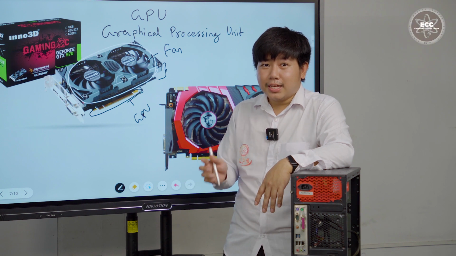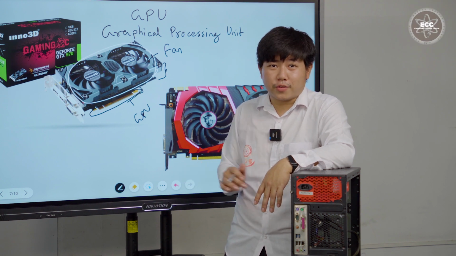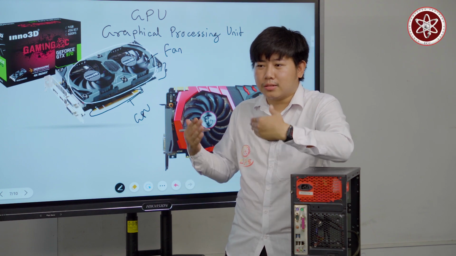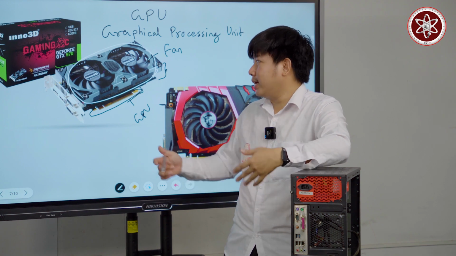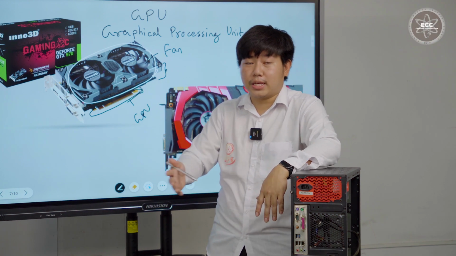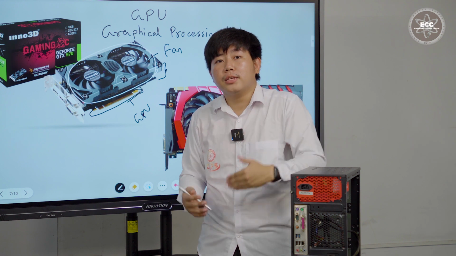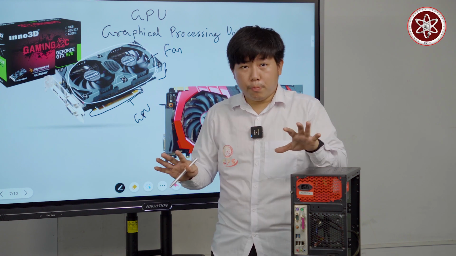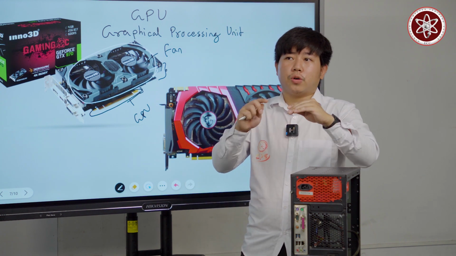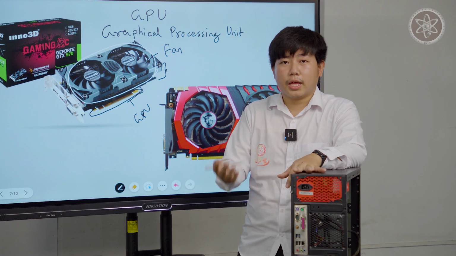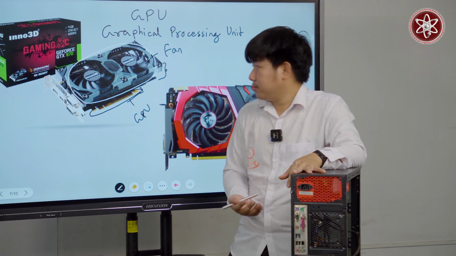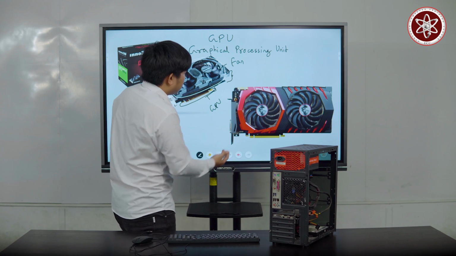In that case, the CPU cannot process all of the display requirements anymore. So the GPU takes over the display, modifies and improves the output, and then it can show a 144 Hz and 4K display. So these are the GPU.